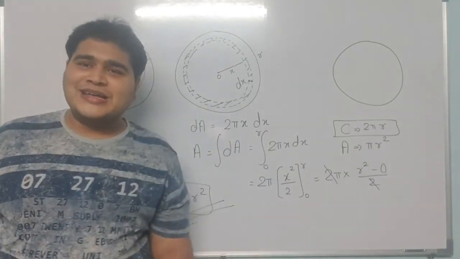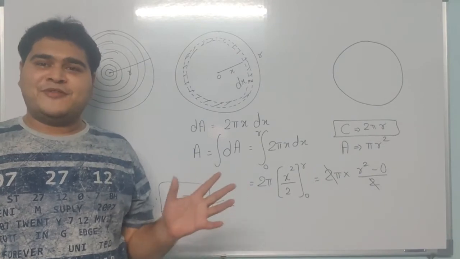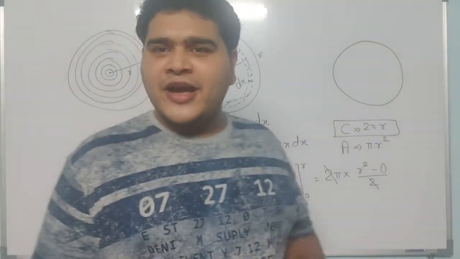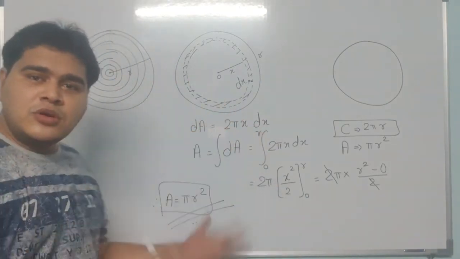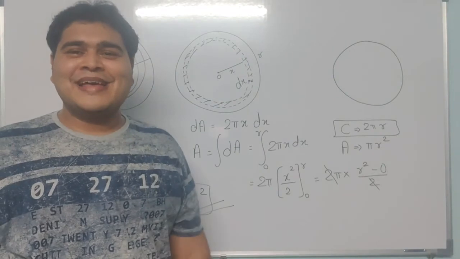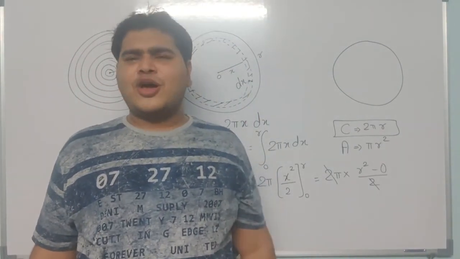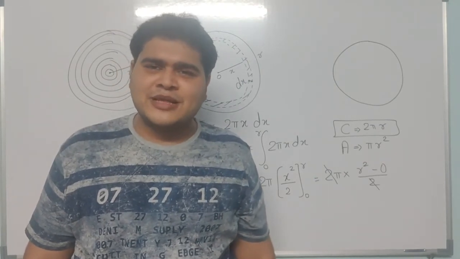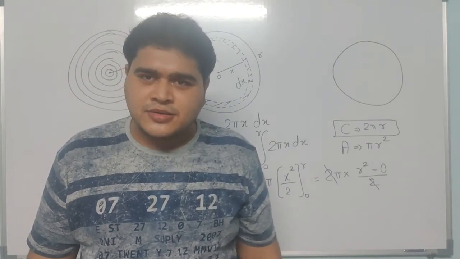That's the proof, guys. That's the proof. You have been rectifying the whole life: circumference as 2 pi r, area is pi r square. Now you know how it came. So congratulations, guys. You have understood the derivatives and integration. And I'm sure you have rectified the trigonometry formulas, because those formulas have to be rectified whether you like it or not.